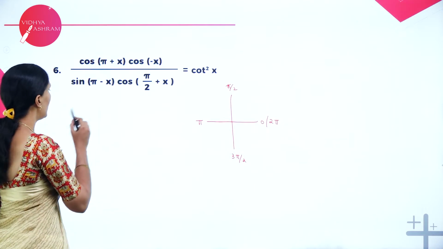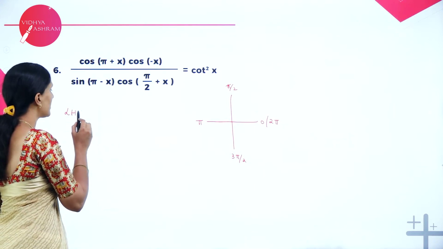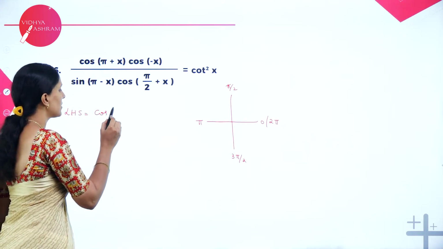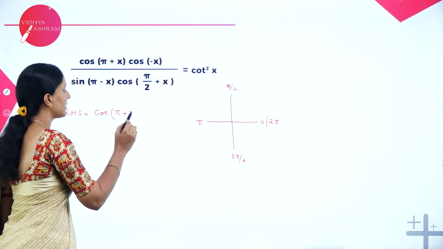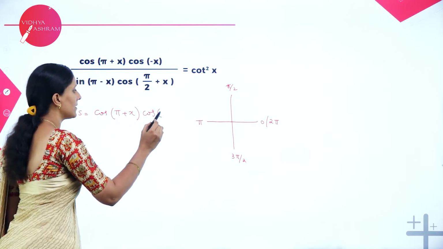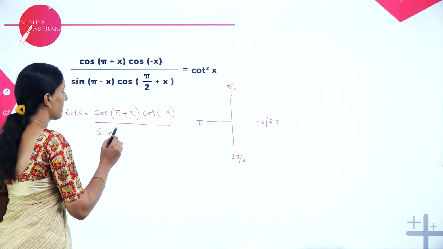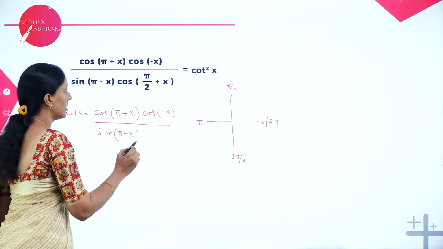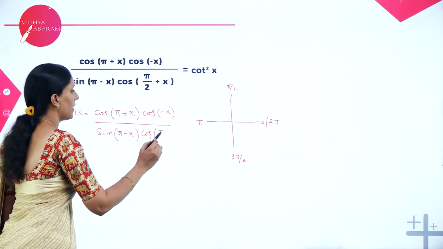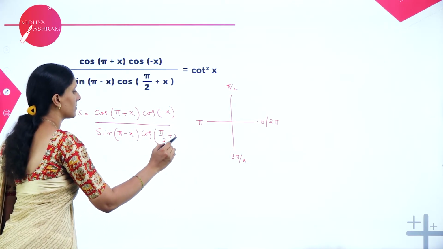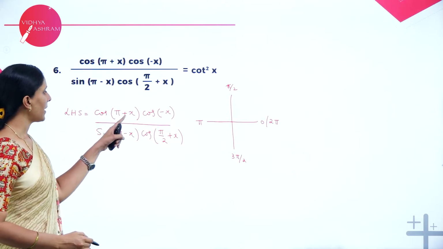So now here let us consider the left hand side, that is cos pi plus x cos of minus x divided by sin pi minus x and cos pi by 2 plus x. Now here cos pi plus x.